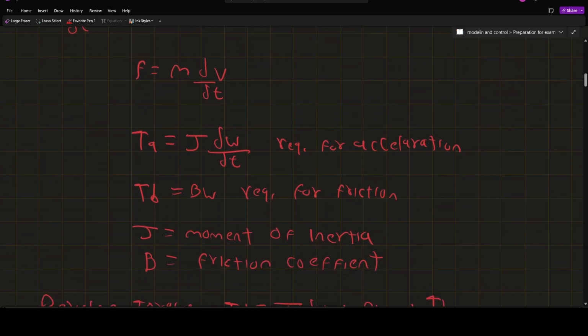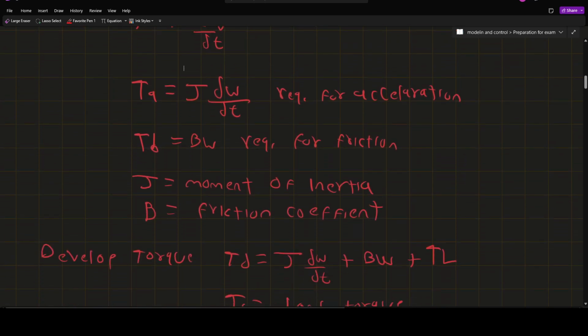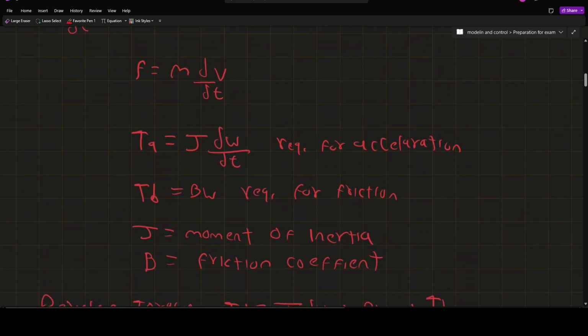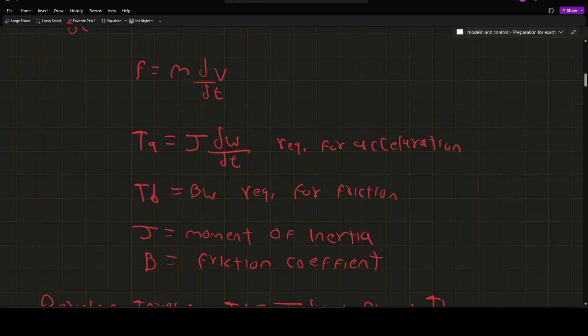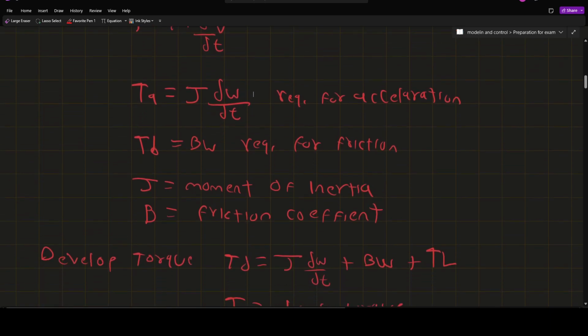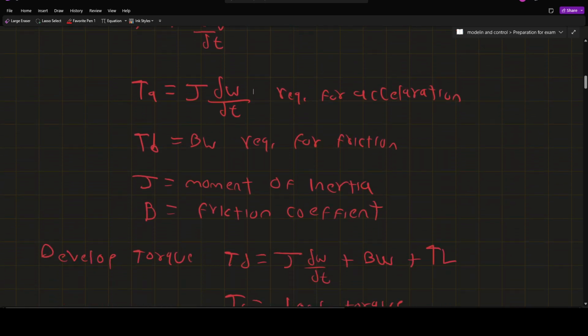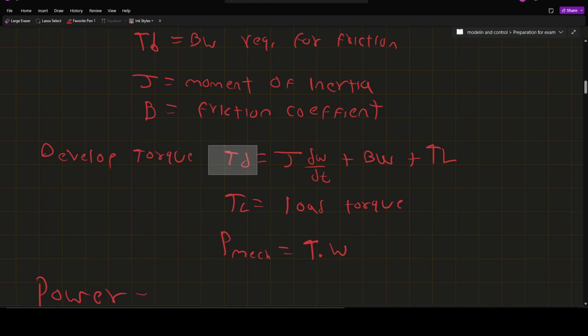If we change this into a rotational system, instead of mass we have moment of inertia, and instead of the derivative of velocity we have the derivative of angular speed. And if we want the torque due to friction, then we have our friction coefficient B, and J is again our moment of inertia. The developed torque is all our torques added.